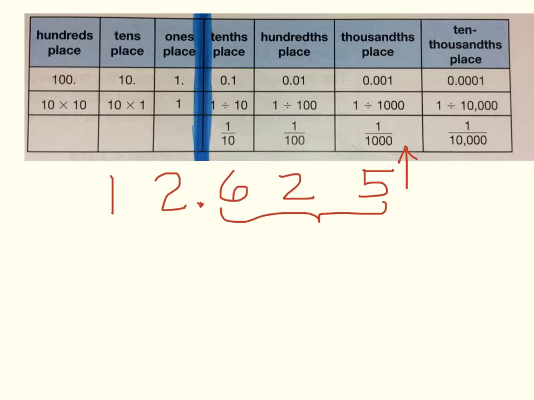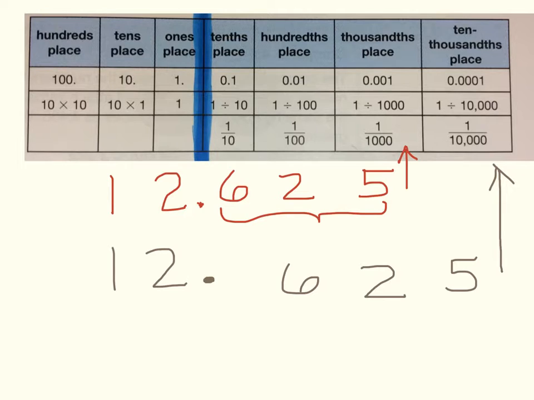Now, if I were to say 12 and 625 10,000ths, well, that would look a little different. 12 and 625 10,000ths. I know I'm going to have to be ending here at the 10,000ths. So 625, well, I can't leave it that way. I have to have that 0 in there.